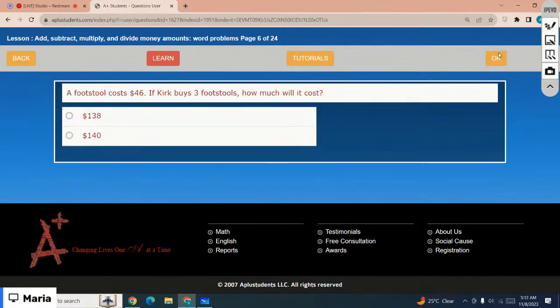A football costs $46. If Crick buys three footballs, how much will it cost? So which is the correct option?